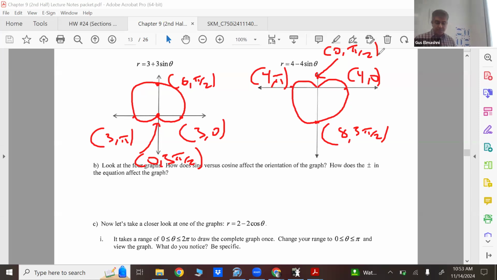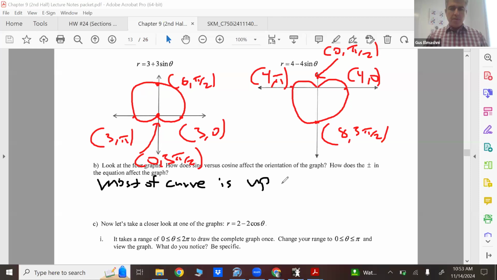Okay, Zay, what's your question? So, how do you determine whether it's going up, down, left, right? We already talked about it, but if most of the curve is up or down, that will be sine theta.